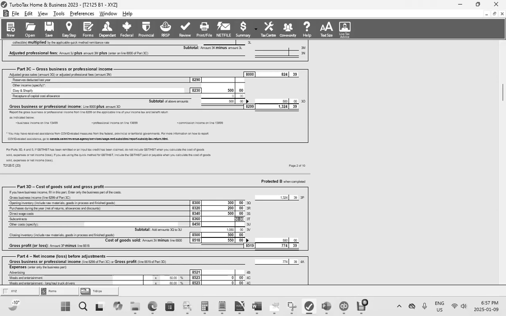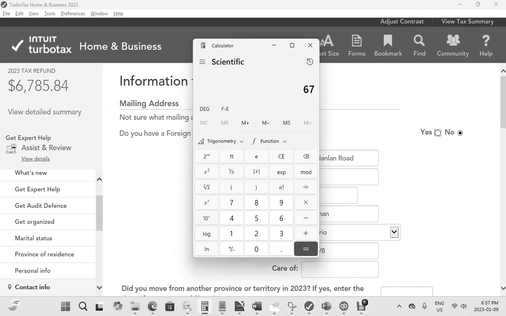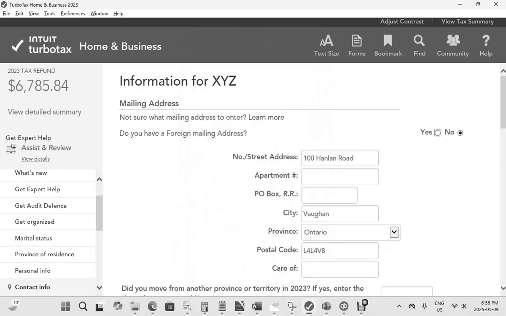as a result of which your tax refund is $6,620.31. Now, if you were to change this figure to, let's say, $1,000, notice your tax refund went up. This is a difference of roughly $165.53, so $166, which basically means the more subcontractors you hire, the better your tax refund.